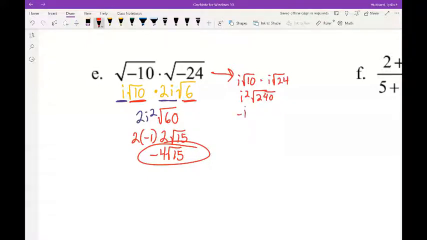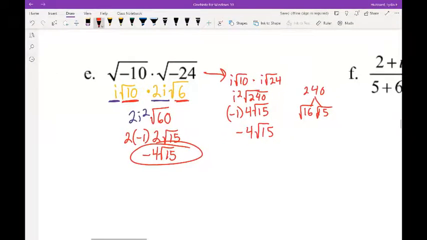So i squared would be negative 1. 240 would simplify into 16 and 15. Square root of 16 is 4. Square root of 15 would stay the same. And again, that's how I'm getting negative 4 radical 15. Either way is totally fine. You would get the same answer. The biggest part of that is making sure you take out that i.